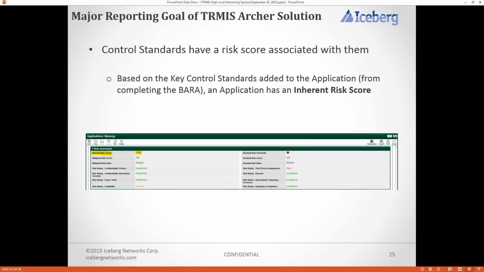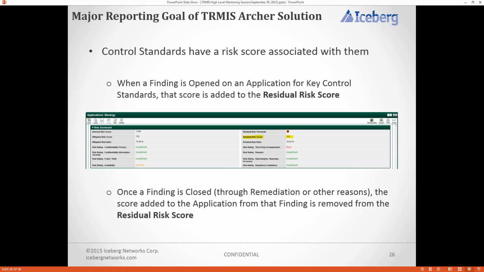Oh, it can go to 5,000. Okay. It goes to however many control standards you have, summing their scores. Okay, that's what I got now. So inherent risk score is just a summation of the control standard scores. The residual risk score is a summation of a finding against a control standard. Gotcha.